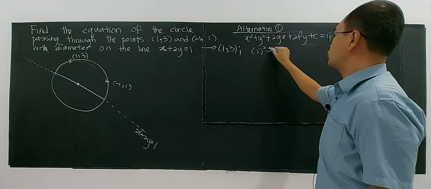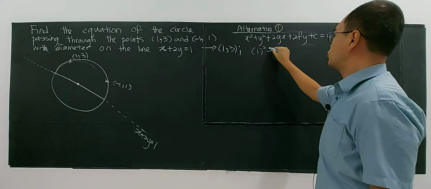So 2g plus 6f plus c equals negative 10, since 9 plus 1 is 10.